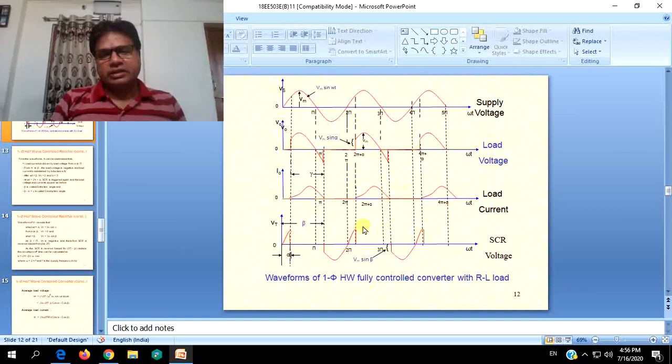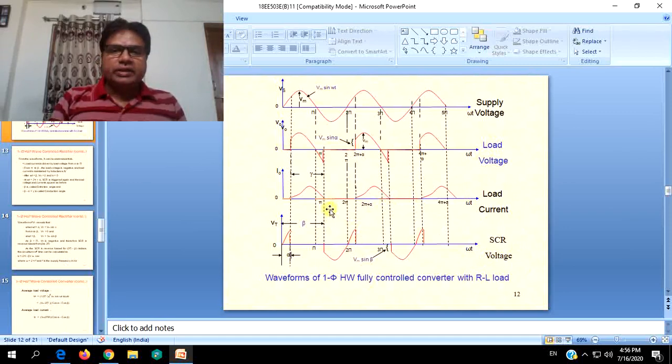The same cycle repeats for all the cases. This is how a single phase half wave rectifier supplying an inductive load behaves.